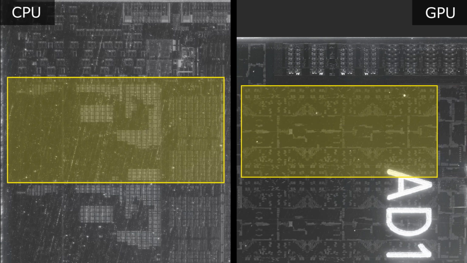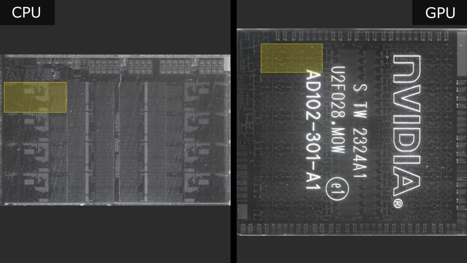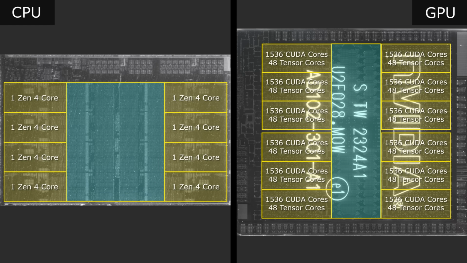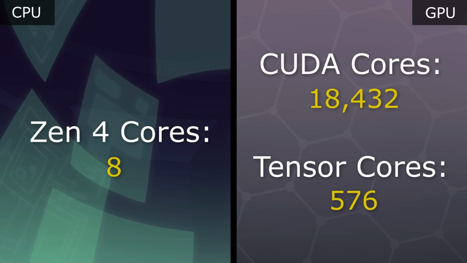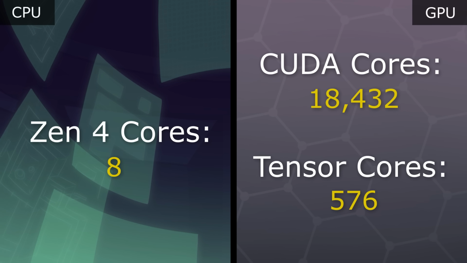If we conclude by zooming out to the entire chip on both sides, we see that the CPU has 8 tiles and the GPU has 12. This gives us a grand total of 8 Zen 4 cores on the CPU, 18,432 CUDA cores, and 576 Tensor cores on the GPU. Now, if you remember the spec sheet numbers from the beginning of this video, you might think we've done something horribly wrong.